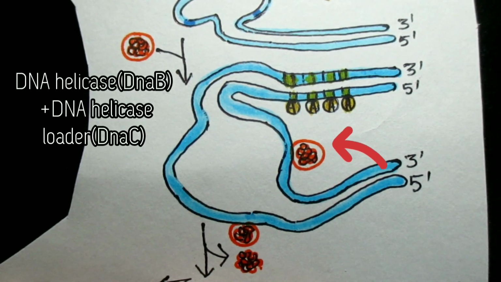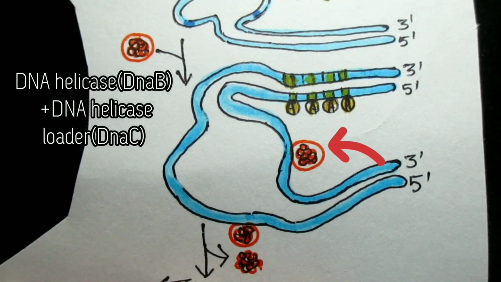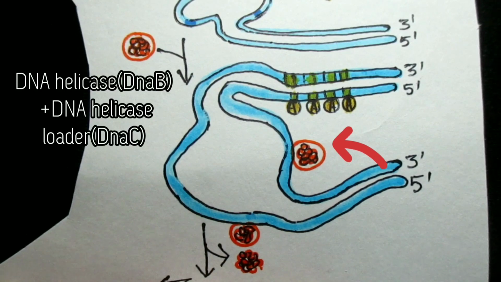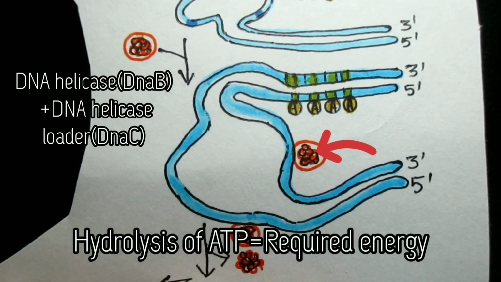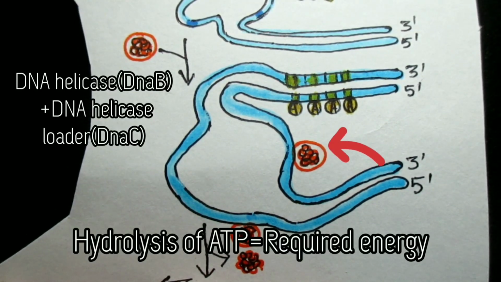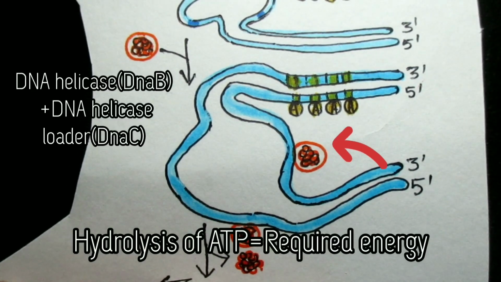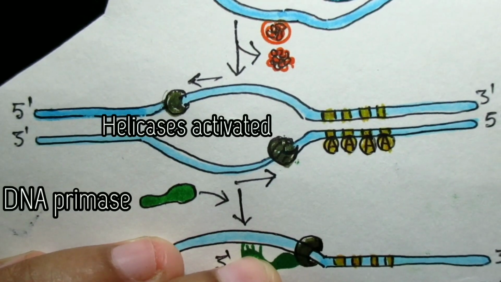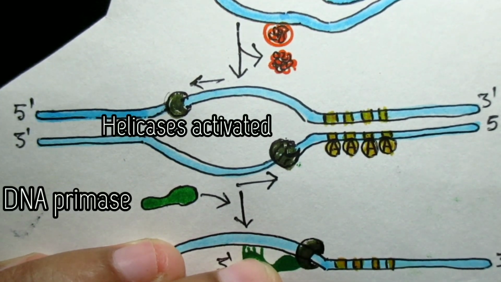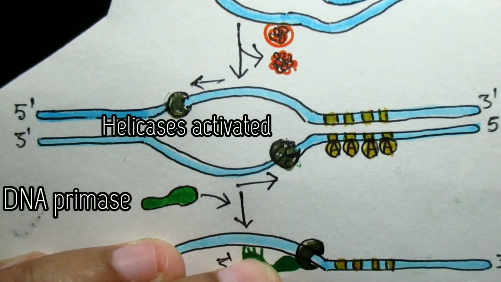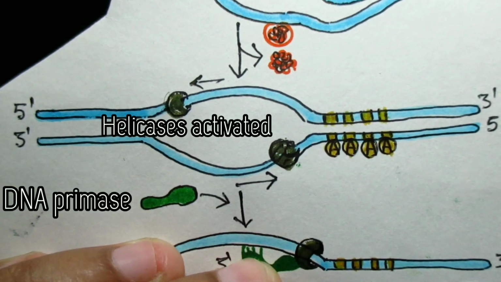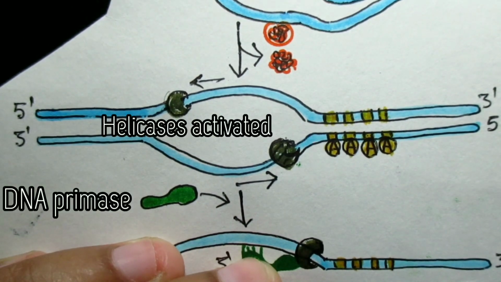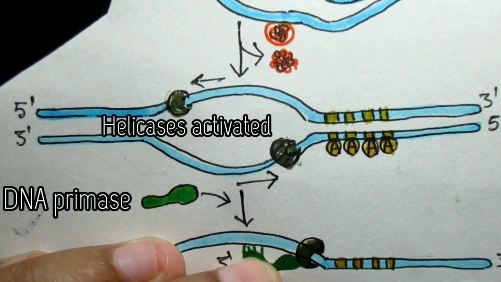The helicases untwist the DNA in both directions from the origin of replication by breaking the hydrogen bonds between the bases. In doing this, the required energy comes from hydrolysis of ATP. Each DNA helicase recruits the enzyme DNA primase, which is encoded by the dnaG gene, forming a complex called the primosome. It is important because DNA polymerase cannot initiate the synthesis of a DNA strand.